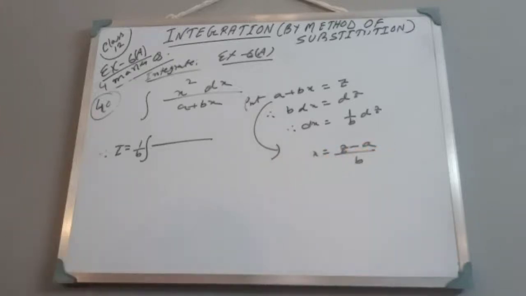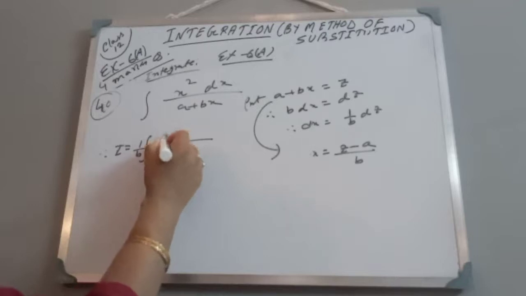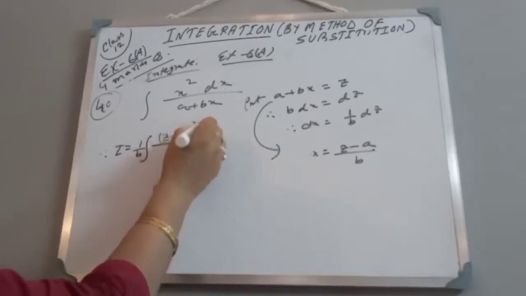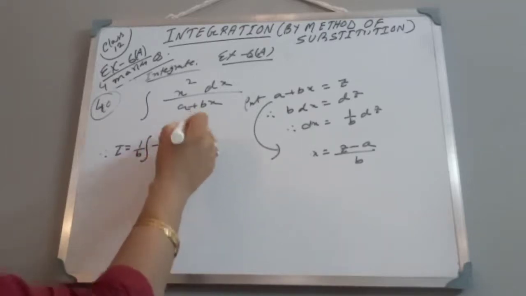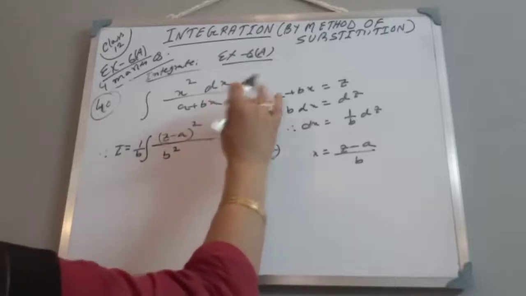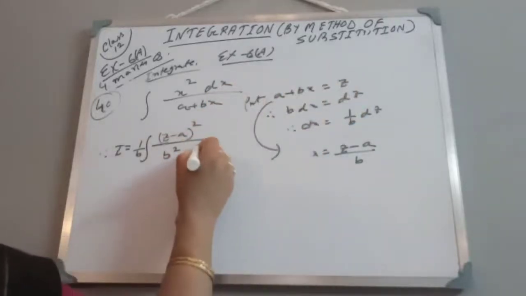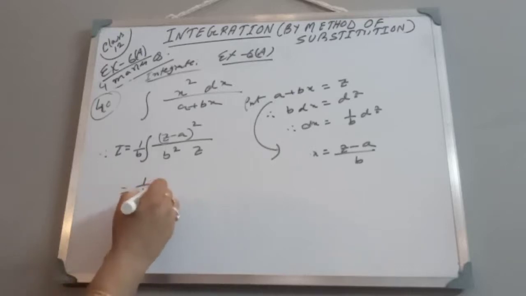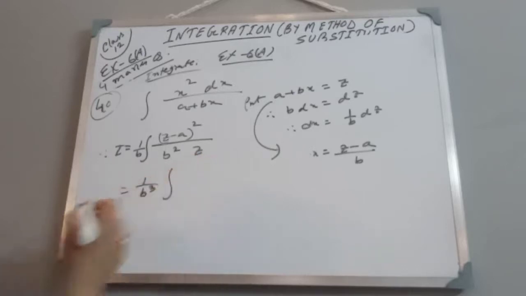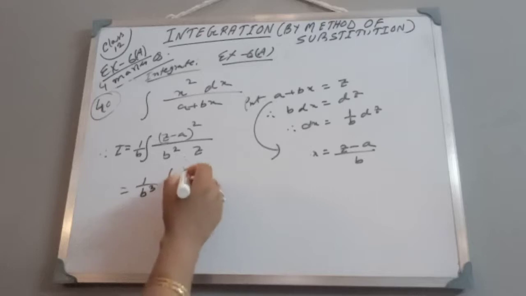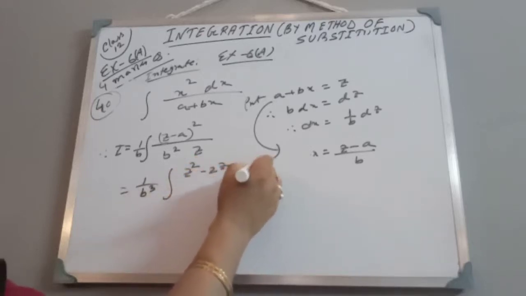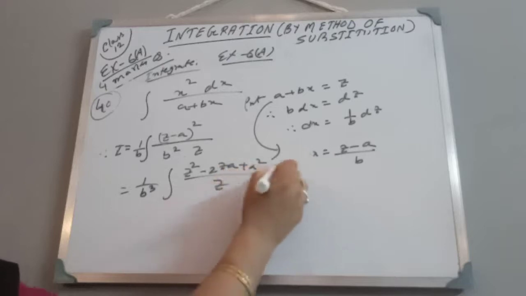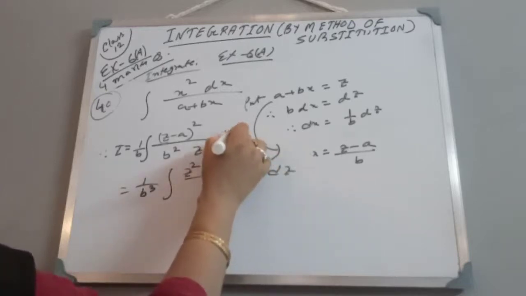So instead of x square we will write z minus a whole square by b square, and a plus bx is already there, that is z. So write here z. B square taken out, it will be 1 by b cube integral z minus a whole square, where z minus a whole square means z square minus 2za plus a square, whole divided by z dz.